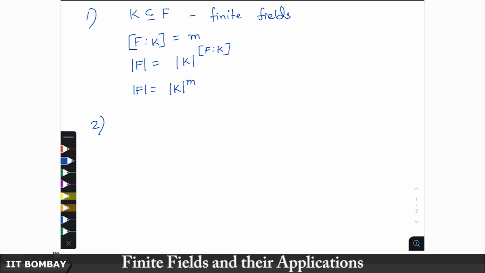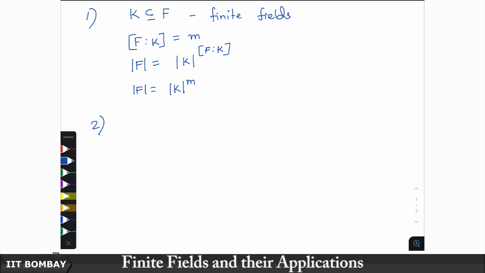If there is no such number, then the characteristic is defined to be 0, and if there is a finite number of 1s which when added gives us 0, then we call that number the characteristic of the field. And we know that the characteristic can be either 0 or a prime number. If it is a non-zero characteristic field, then its characteristic is a prime number.